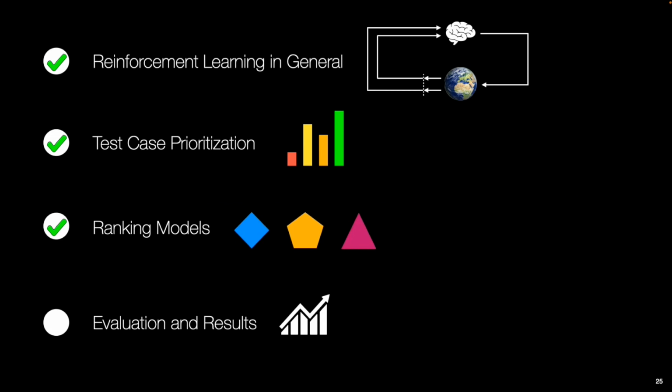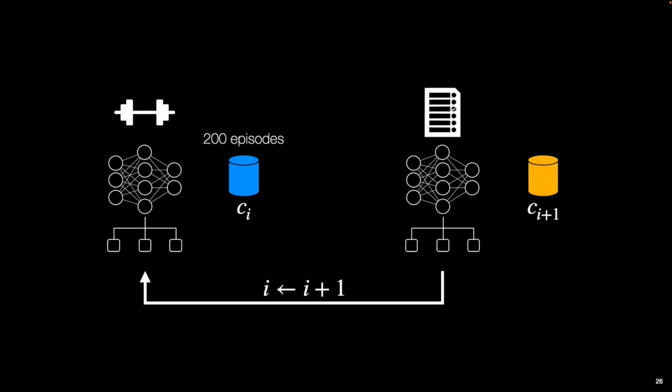Okay, so the last thing we're going to see is some results, and first of all, this is how the results were computed. We take a certain cycle. We train the agent on that cycle for 200 episodes.